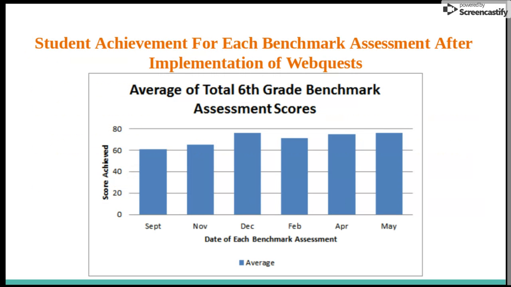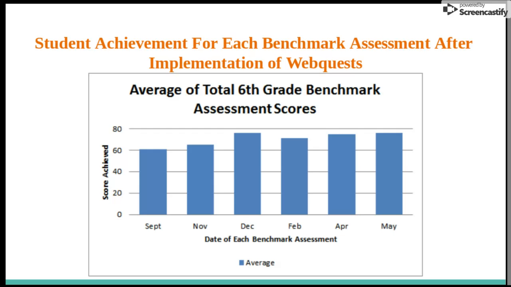The benchmark assessment taken in September took place before the implementation of the capstone project and professional learning opportunities. As a result, the average score of 61 in September served as the control group to which all other benchmark assessments were compared. At this point, I began conducting my professional learning and distribution of the checklist and rubric.